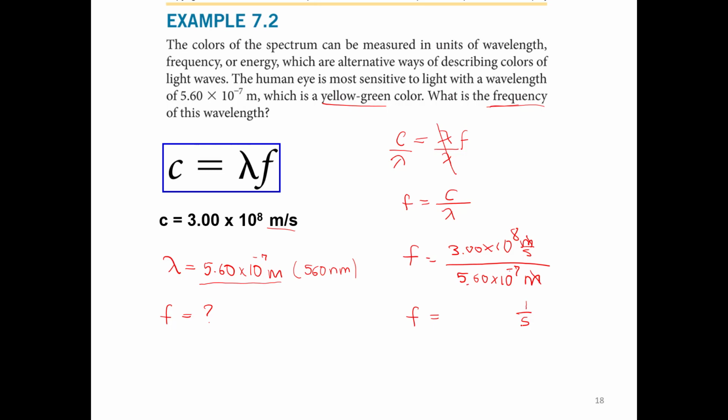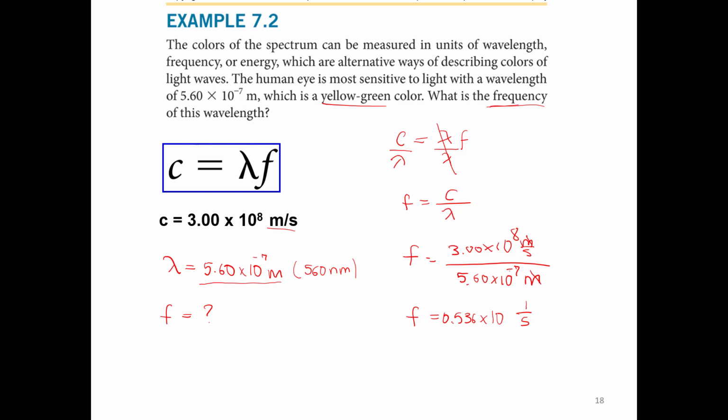Then now let's divide 3 divided by 5.6, and let's keep 3 significant digits. We have 0.536, 10 to the power. Then remember, for the power it is the power of the numerator minus the power of the denominator.